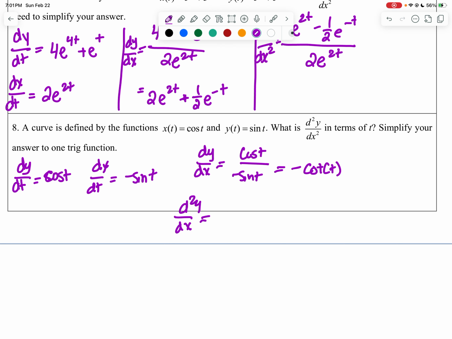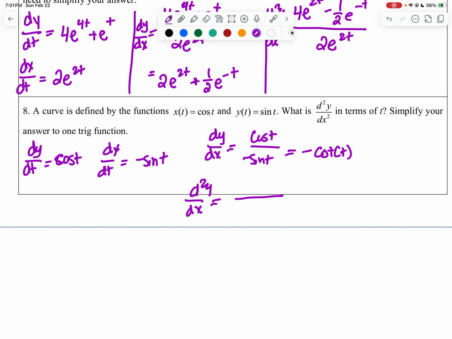we've got to take the derivative of negative cotangent, and it's been a while since I did that, so let me think about that. The derivative of that is negative cosecant squared of t.